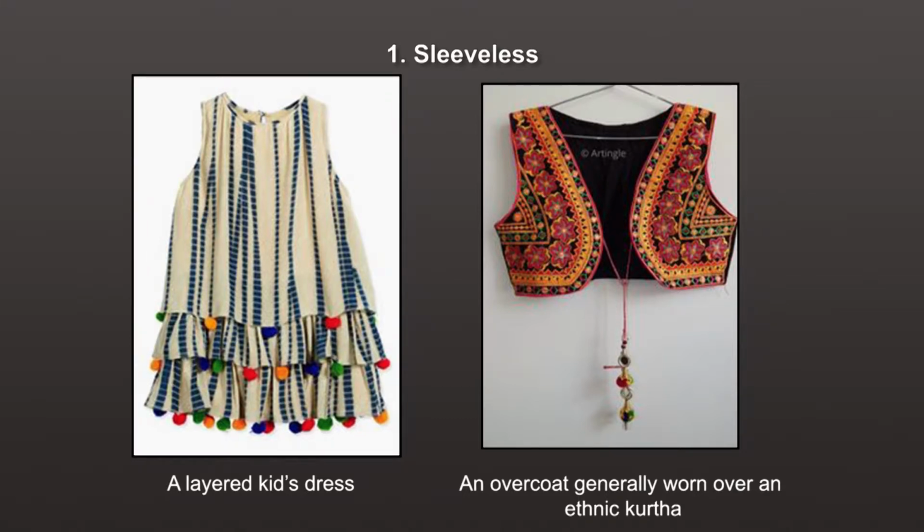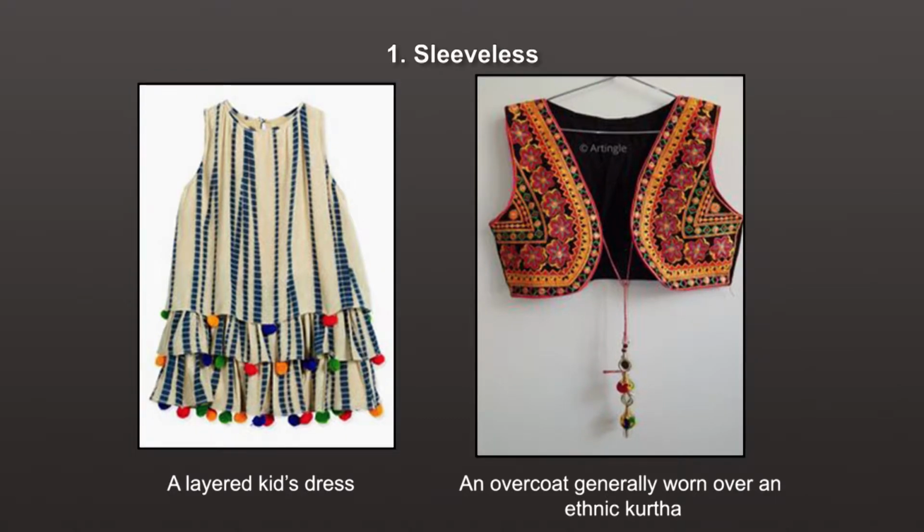We are looking at a picture of a sleeveless layered dress of a toddler. The next one is an image of a sleeveless overcoat generally worn over an ethnic kurta.